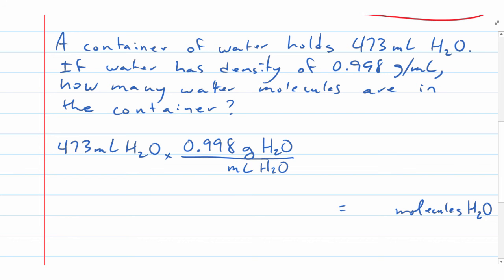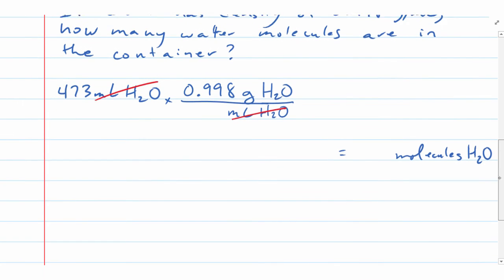H2O on the bottom. So number of grams of H2O per milliliter of H2O. And the reason why we do that is because what happens to milliliters? They cancel out. Now we're left with grams of H2O.